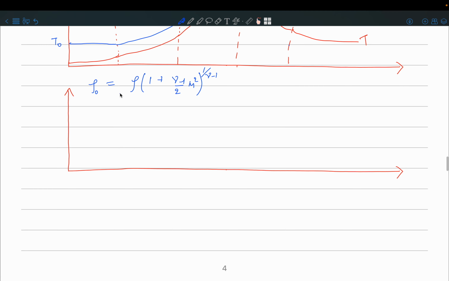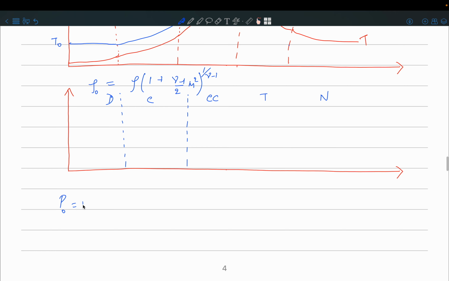Okay, so the next thing is density, stagnation density and static density. So what happens to stagnation density? Okay, so that P is equal to rho RT also holds for stagnation quantities.